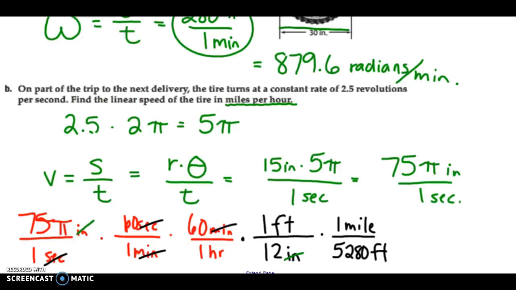Inches are canceling out here, and feet are canceling out here. So we're left with miles on top, hours on bottom. When I multiply this all through, I end up getting approximately 13.4 miles per 1 hour.